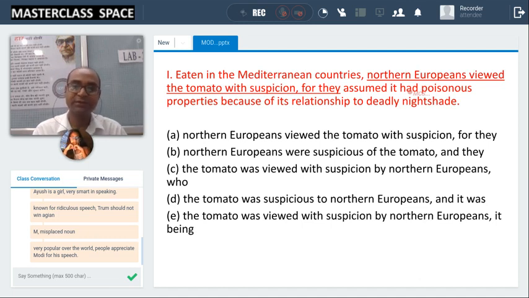So eaten in Mediterranean countries is a modifier for Northern Europeans. So the question is, can Northern Europeans be eaten? The answer will be no. So we need a correct noun just after the comma.